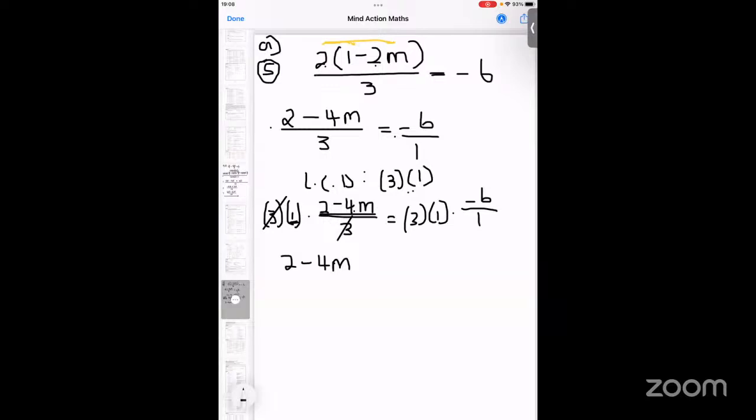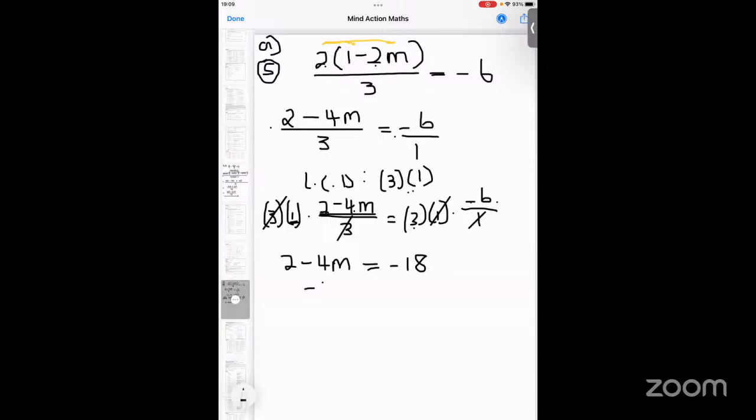For example, if it wasn't 1 there, maybe it was a 4, that 4 would multiply 2 and again multiply that. So it multiplies each term. Now, you see that 1 cancels with that 1 in the denominator. Then you have 3 that multiplies 6, which is 18. You must remember the negative sign, so it's negative 18.